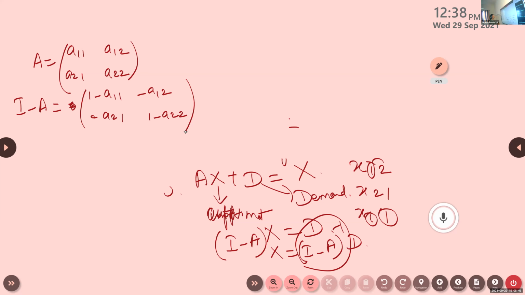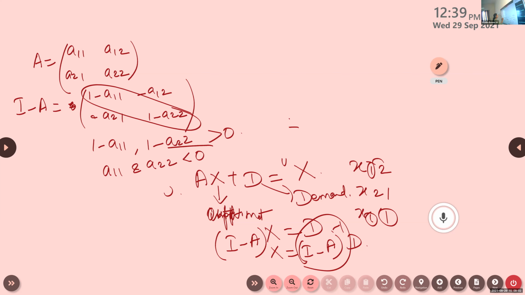So this will be positive only if 1 minus A11 and 1 minus A22 are positive. That means A11 and A22 must be less than 1, sorry, not less than 0. You are subtracting from 1 and it is greater than 0, so A11 and A22 must be less than 1. This condition we call the Hawkins-Simon condition.